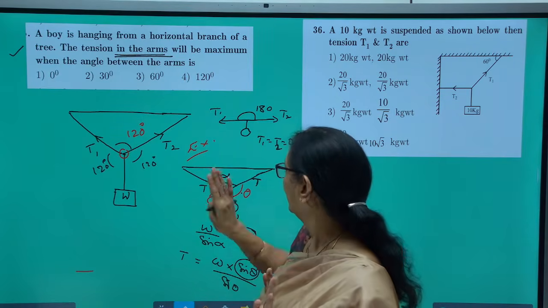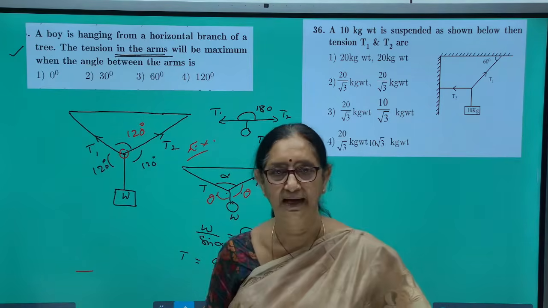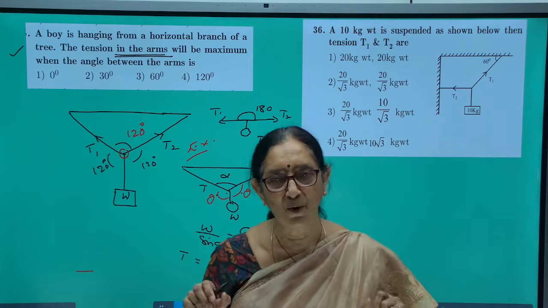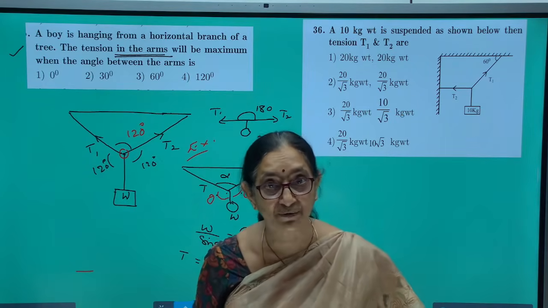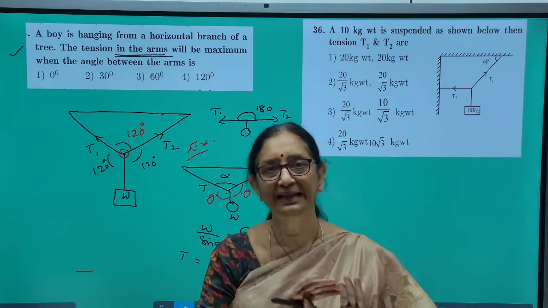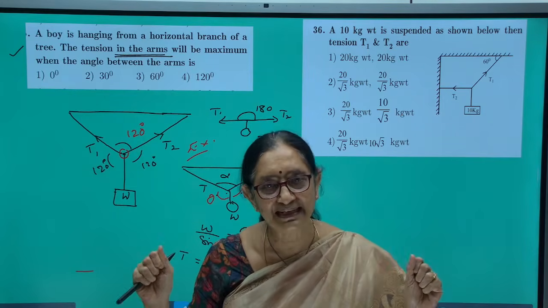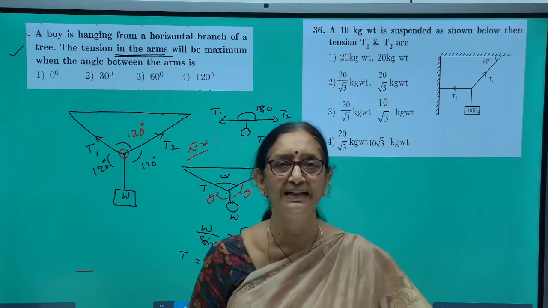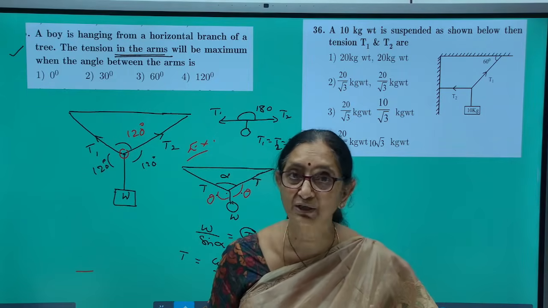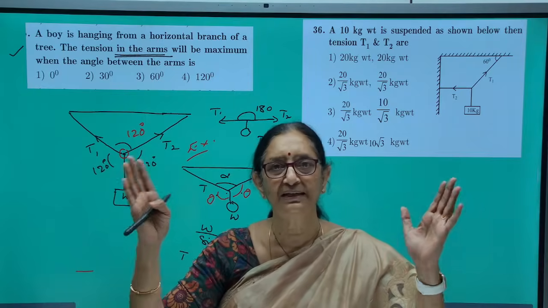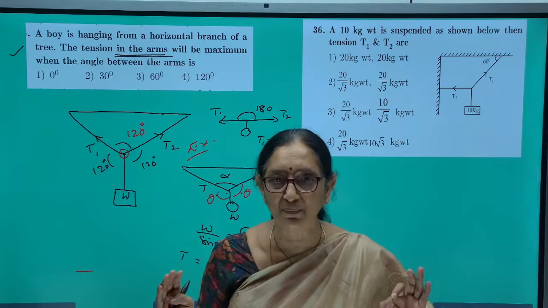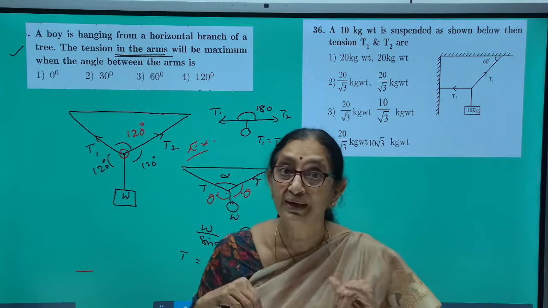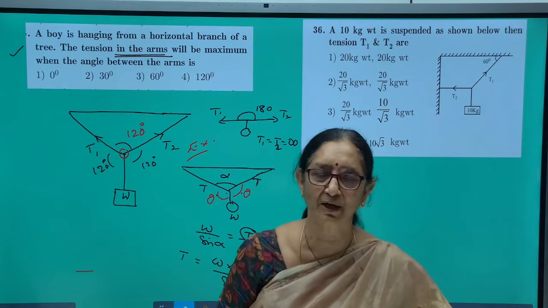So, here the two separate questions are: when the boy is hanging from a tree, the tensions in his hands will be equal and maximum when the angle between his arms is 120 degrees. Then the tensions in both the arms will be equal and equal to his weight. That is the maximum possible tension.